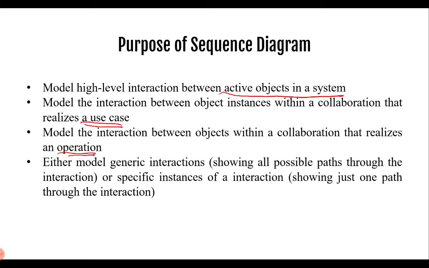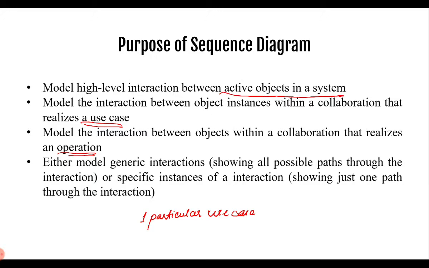So we have to understand that whenever we are drawing a sequence diagram, it can only be represented for one particular use case. We cannot represent the sequence diagram for multiple use cases as such. So whenever we are drawing a sequence diagram, it is representing the scenario for just one use case.